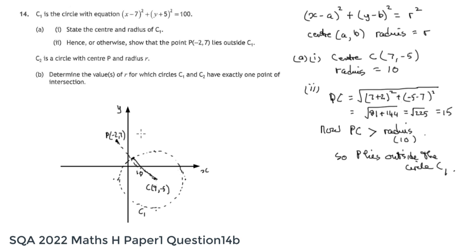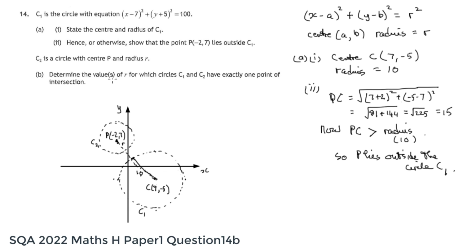Now let's have a look at part B. We're told that C2 is a circle with centre P and radius R, so they're not telling us precisely what the radius is, that it's just R. So it's that circle, radius R, and we've got the original circle. So this is C2.